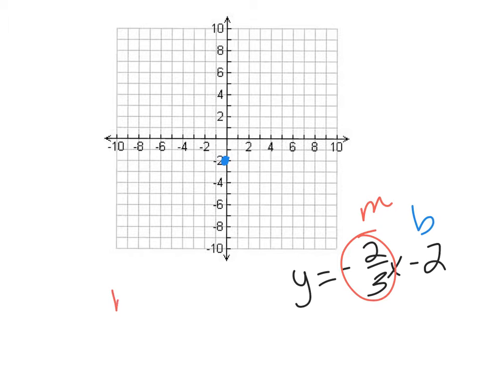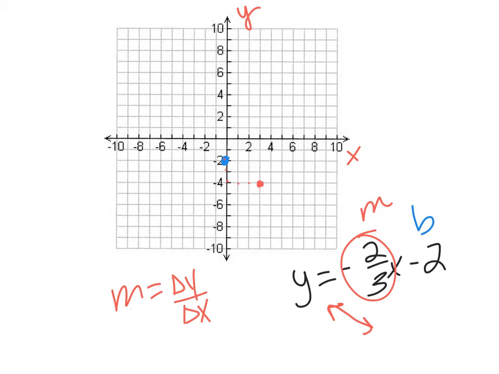So remember that the slope is the vertical change over the horizontal change, and since the y-axis is vertical, it's a change in y. Since the x-axis is horizontal, it's a change in x. So -2/3, that means my line is going to go negative this way. Okay, so I have that to make sure I'm doing it right. So -2, that would be down 2 in the negative direction, 3 in the positive direction, 1, 2, 3. That would be my next point.